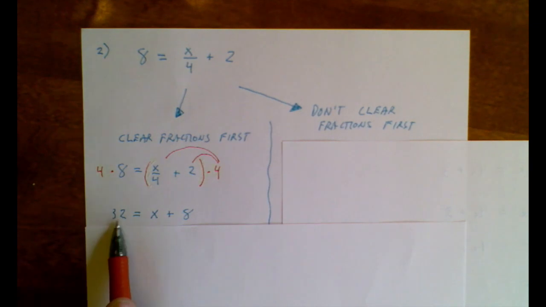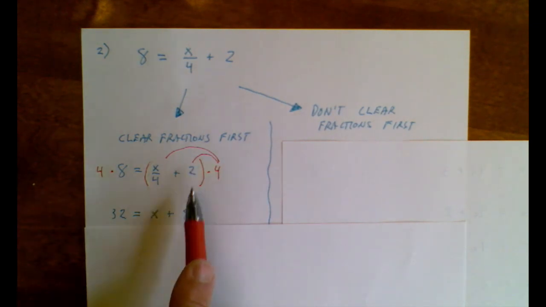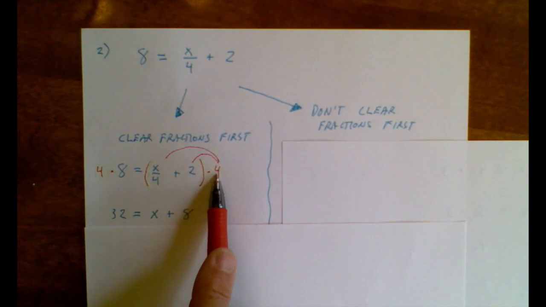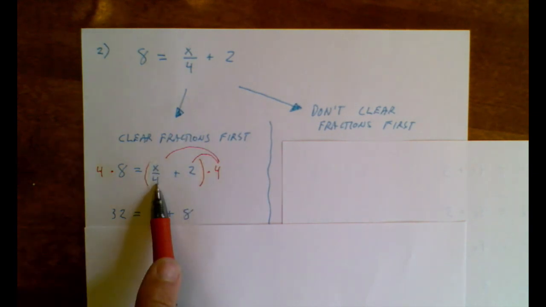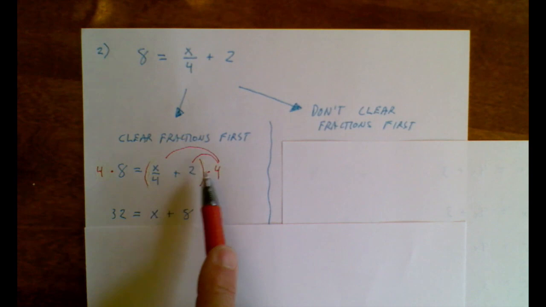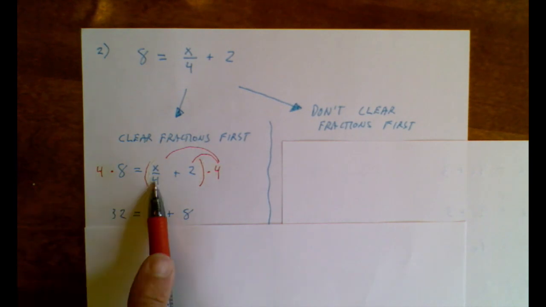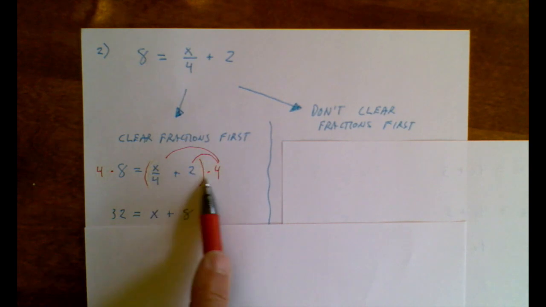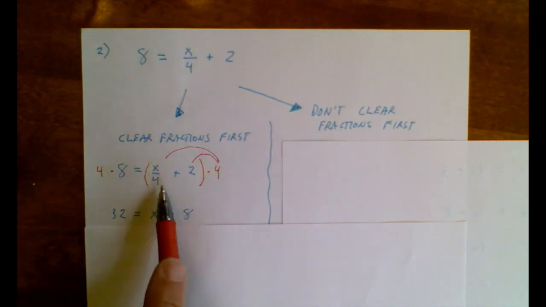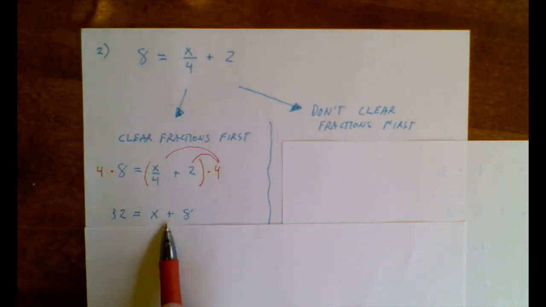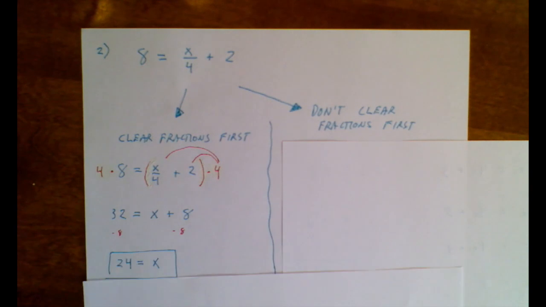That's a 32. When I multiply the 4 times the 2, I get the 8. When I multiply the 4 times the x over 4, the 4 in the numerator and the 4 in the denominator cancel. So I've cleared the fraction of 4 by multiplying the entire right side and left side by the 4, and now I have a very simple equation that I can solve.